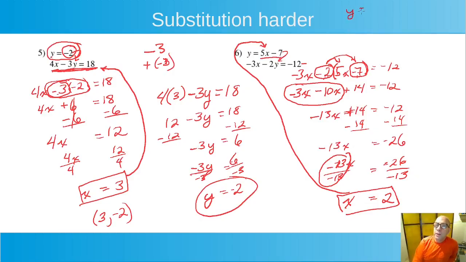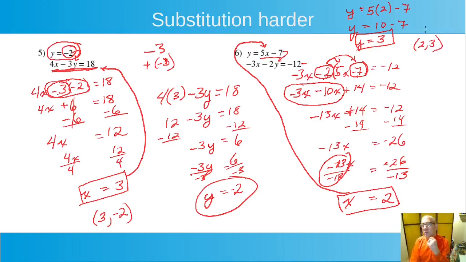Y equals 5 times, what is our number? 2. 5 times 2 minus 7. So y equals 5 times 2 is 10 minus 7, which is 3. So my y equals 3. So the solution to this system of linear equations is 2, 3.